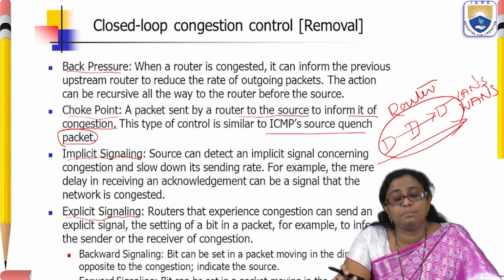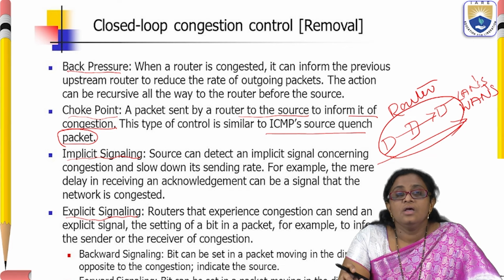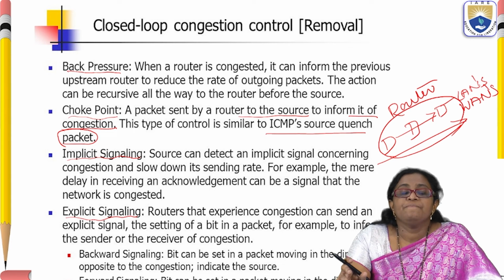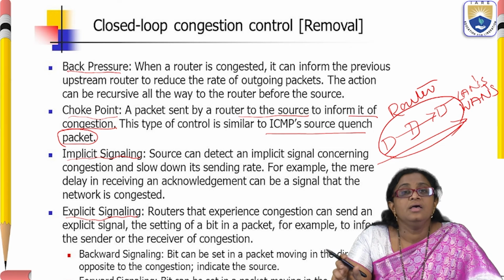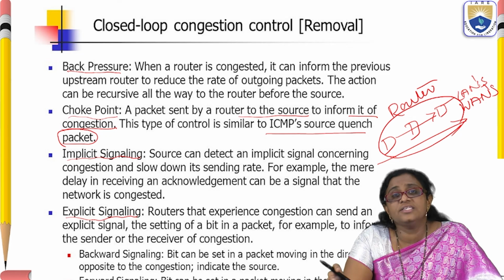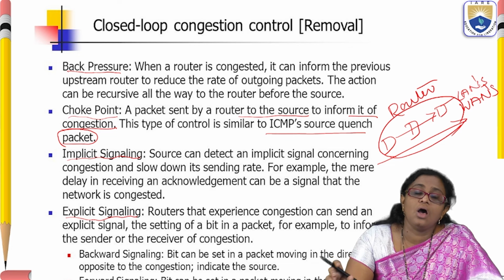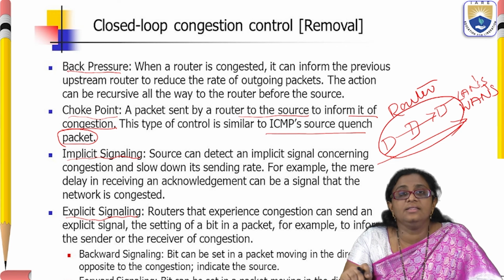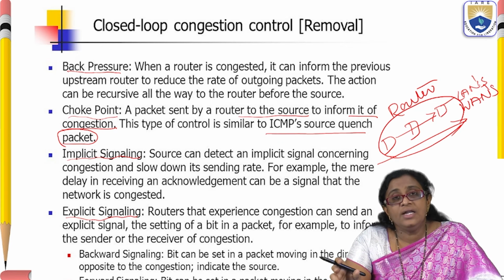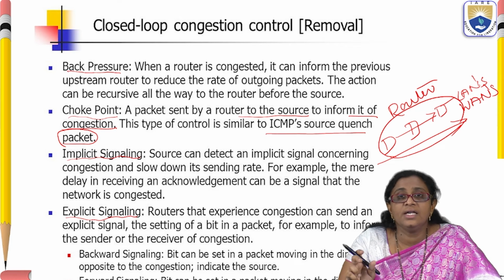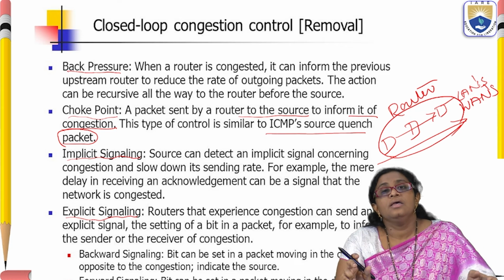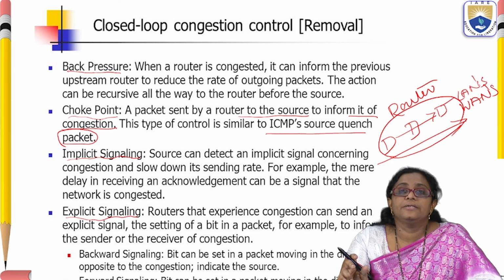As I explained in my previous concepts, congestion means the flow of incoming data packets arriving continuously at the destination node or the receiver, without getting an acknowledgement from the destination to the source router or source node. That condition we can call implicit signaling.